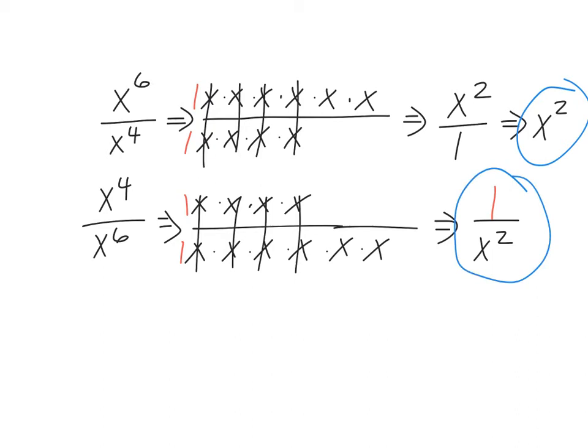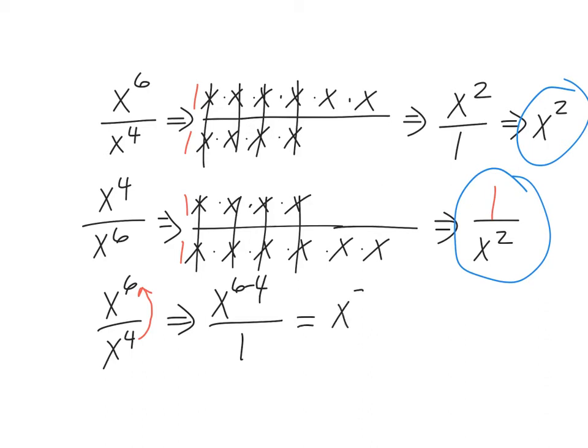Now, again, the shortcut rule is this. When you divide, you subtract exponents, and you always subtract the smaller from the larger. So I move the smaller one up. That becomes 6 minus 4. What's it leave on the bottom? A 1. And that becomes x to the second.